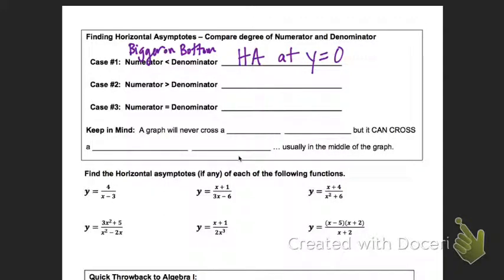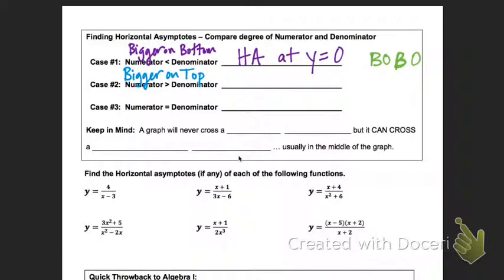So our little acronym for that is BOBO. Bigger on bottom, 0. BOBO.